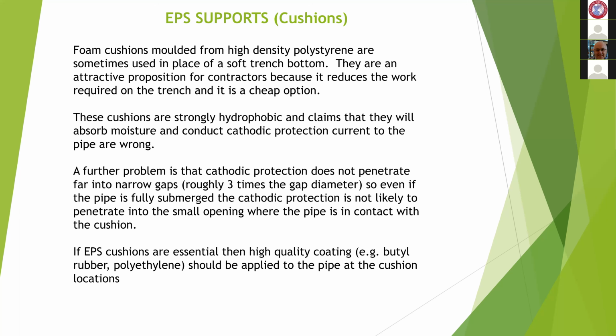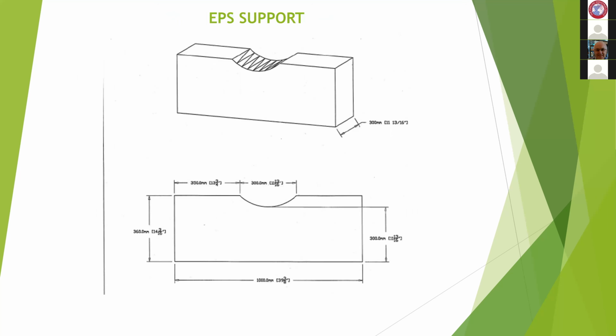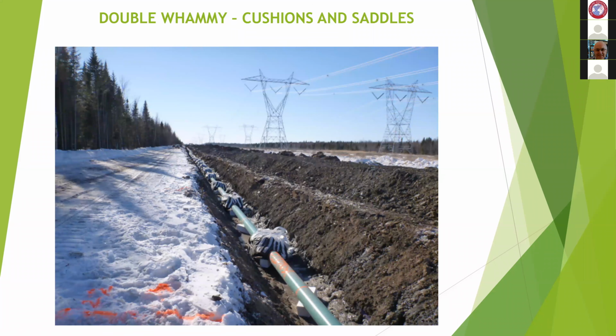And so you can imagine you won't get very far with your cathodic protection. So if you're going to use cushions, put a high quality coating on and protect the pipe that way. That's what the typical support looks like that I'm talking about, so that when the pipe sits in this recess here, there's a little gap at the top between the pipe, and the water gets in, the corrosion goes ahead, and we can't do anything about it.